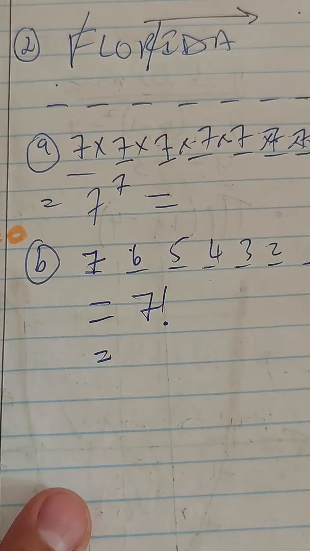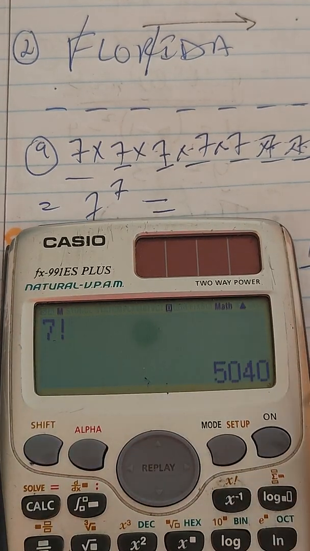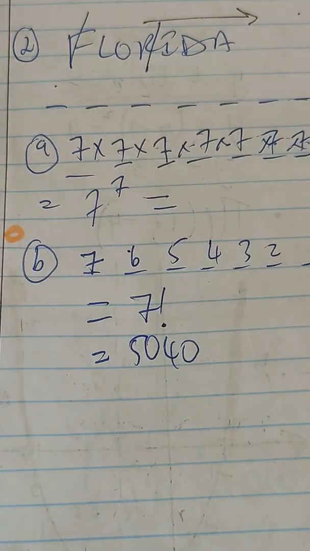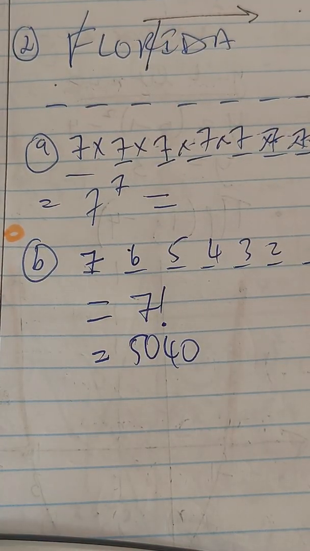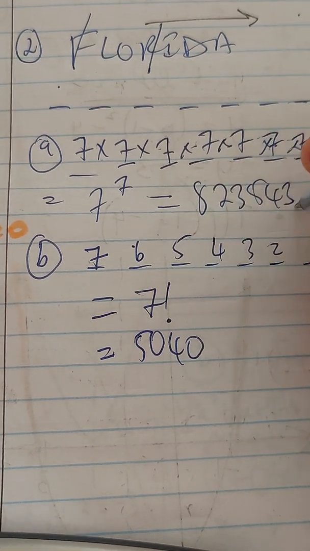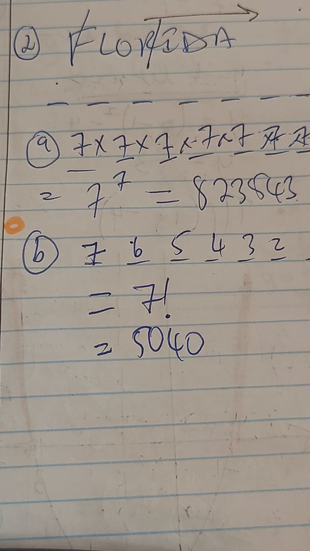It's going to be simply 7 factorial. So both calculations can be made. 7 factorial is going to be 5040, and 7 to the 7 gives us 823543. So there are so many ways of doing it under those given conditions.